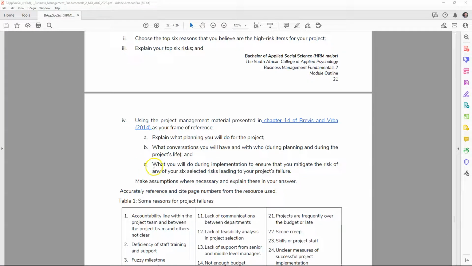I'm just thinking of what past students did in terms of risk. Remember, a risk is something that you assess might happen in future. If something has already happened, it is no longer a risk.